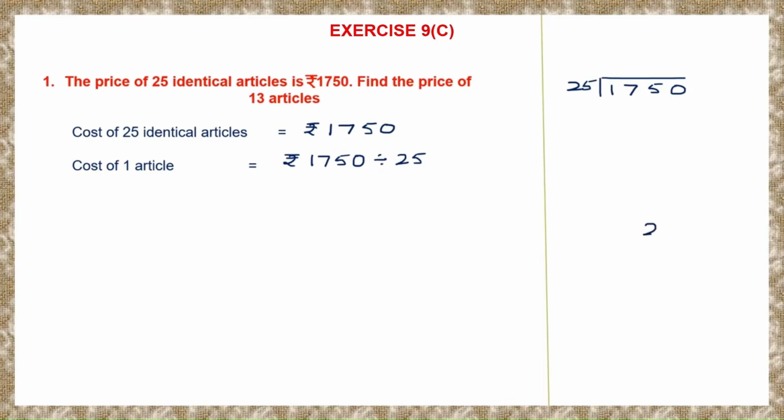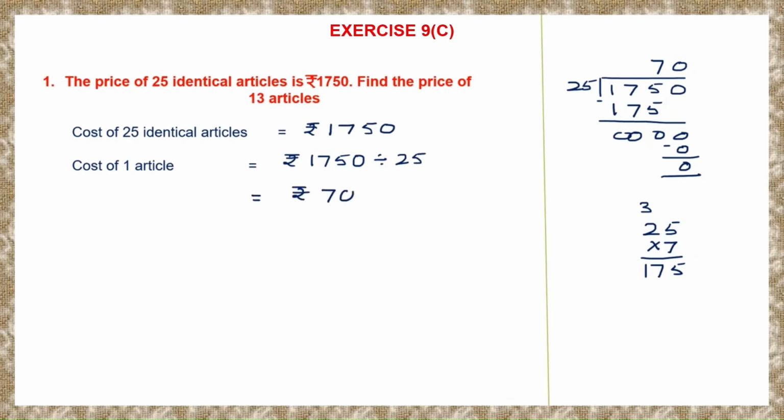Let's multiply 25 into 7. 7 5s are 35, carry 3. 7 2s are 14, 15, 16, 17. So that's 175. So 25 into 7 is 175. Let's subtract this, and then we have the 0 which we can take down, and the remainder is 0. So now the cost of one article we have found to be 70 rupees.